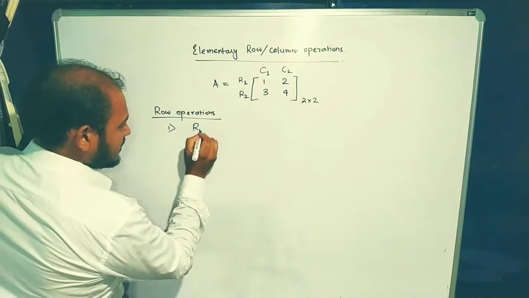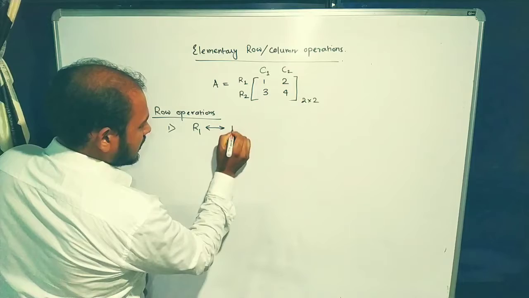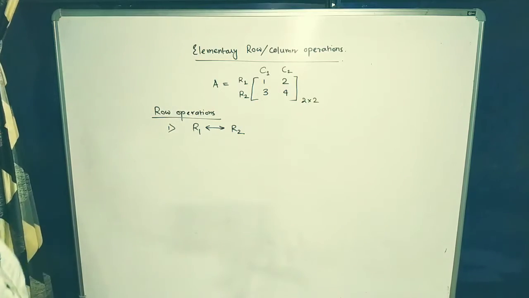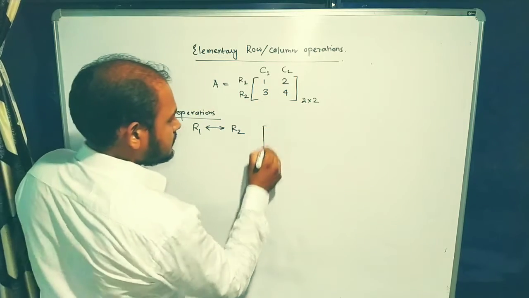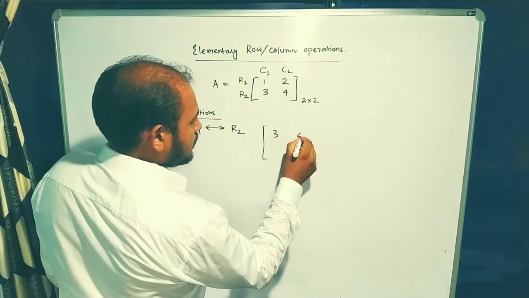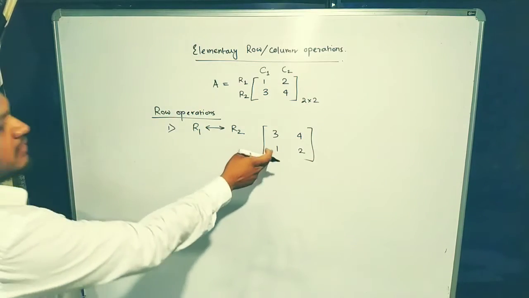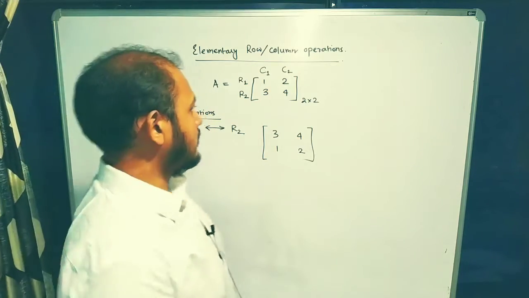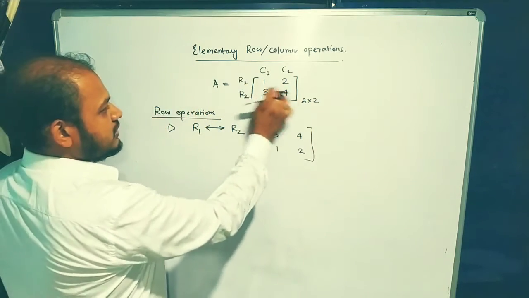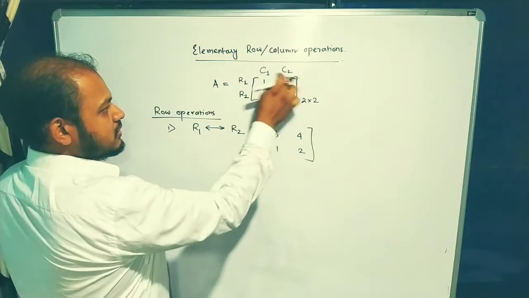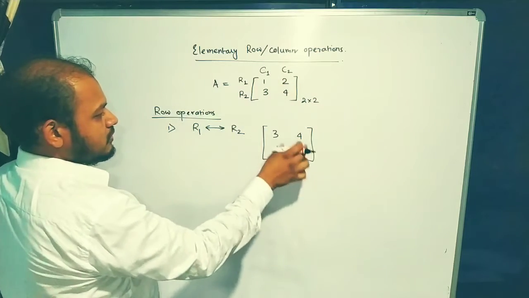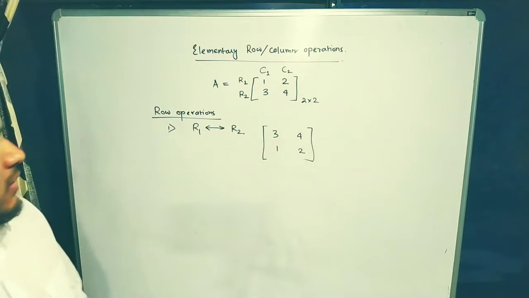So if I say that R1 interchanged with R2, then after this operation, this matrix will become 3, 4, 1, 2. Because the second row has moved to the first position and the first row becomes the second row. This is what is exactly happening here, right?